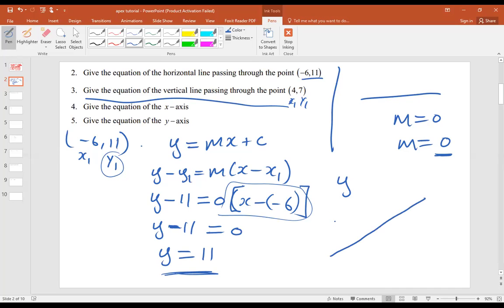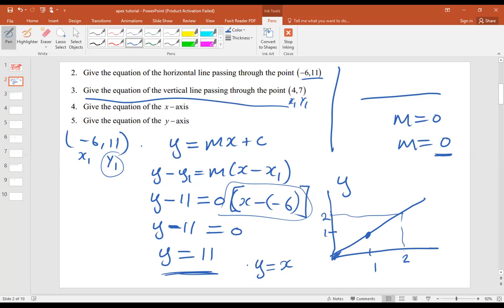If you're sketching the graph, if the value of x is 1 at that point, the value of y should definitely also be 1. If the value of x is equal to 2, the value of y should definitely also be equal to 2. What this means is that the equation will simply be y is equal to x.